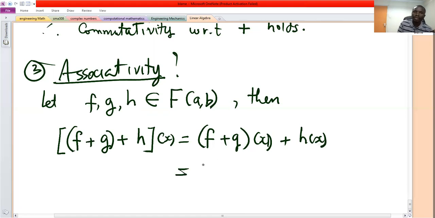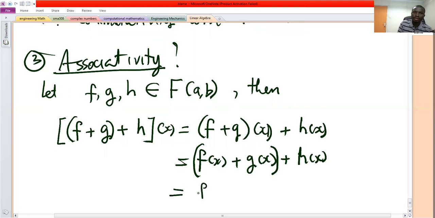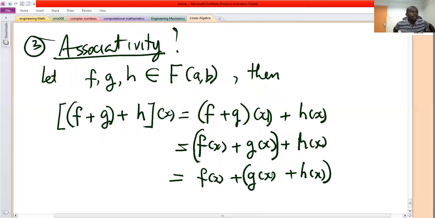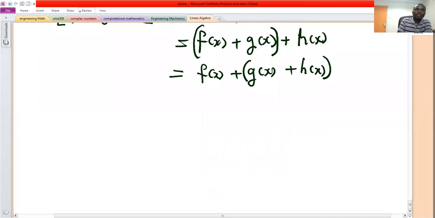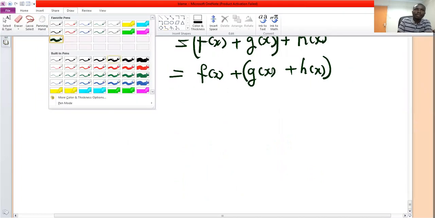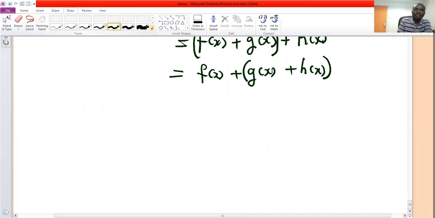And then you also define it as F of X plus G of X, plus H of X. And then we can write this one as F of X plus G of X plus H of X. And then I change the location of the brackets, because associativity holds for real numbers.